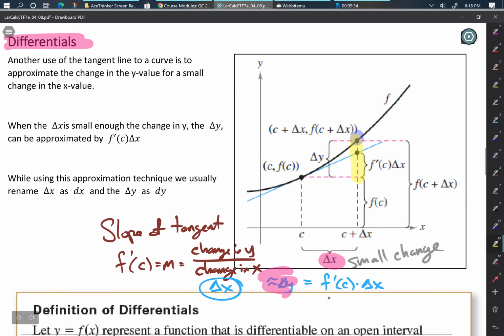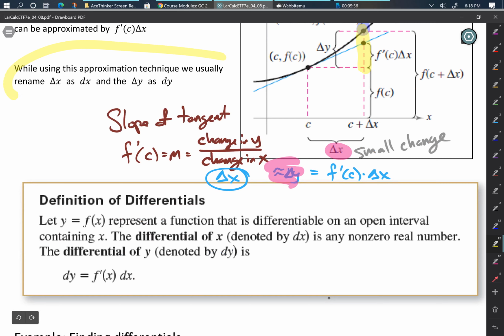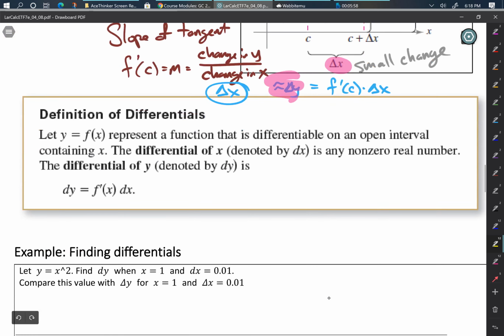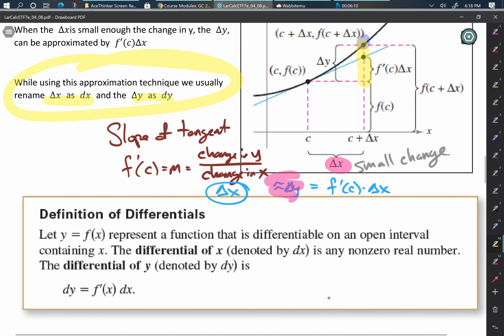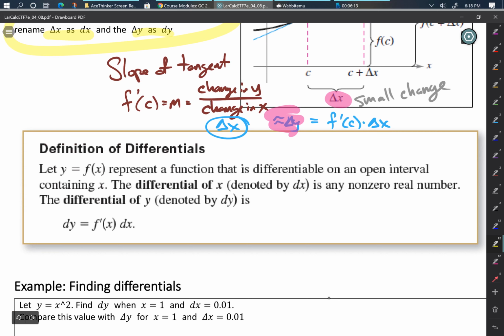Now we make some changes in our definitions down here, and we say that if we let delta x be represented by the differential dx, and if we let delta y be represented by the differential dy, then we can say that the differential dy is equal to f prime dx.